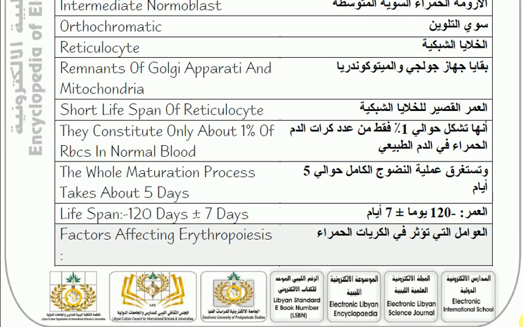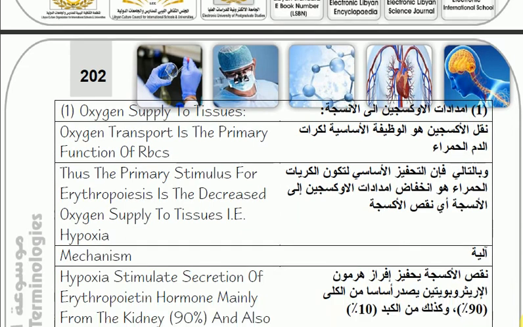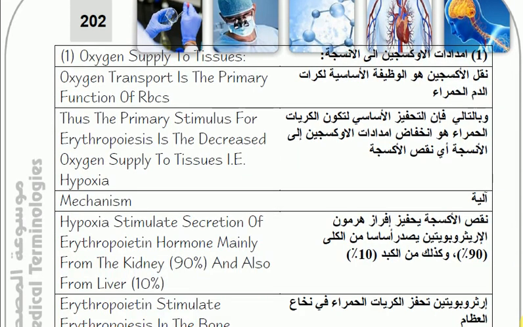Factors affecting erythropoiesis. 1. Oxygen supply to tissues. Oxygen transport is the primary function of RBCs. Thus the primary stimulus for erythropoiesis is decreased oxygen supply to tissues, i.e. hypoxia.